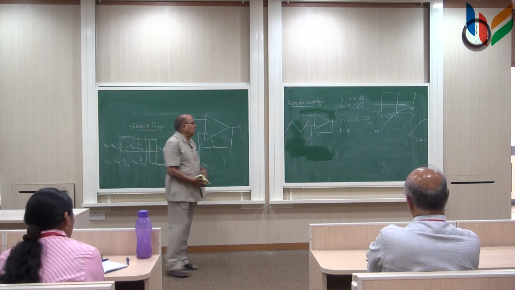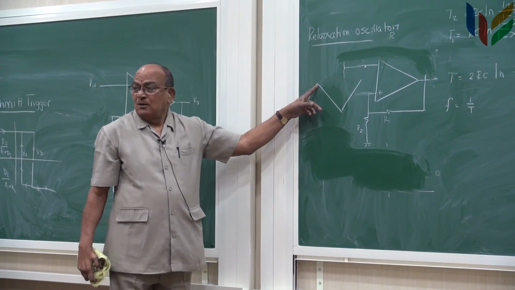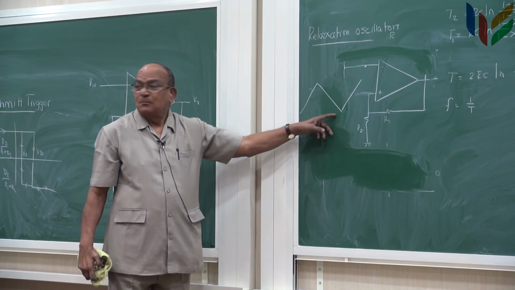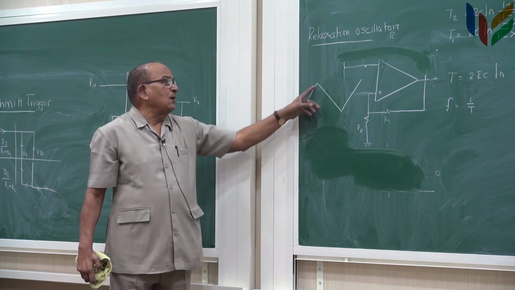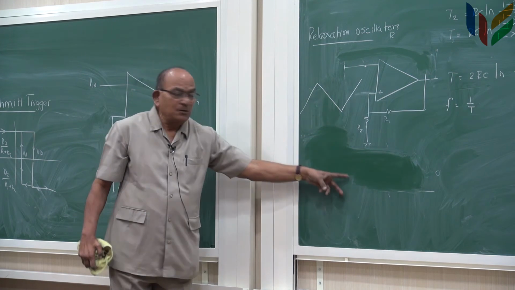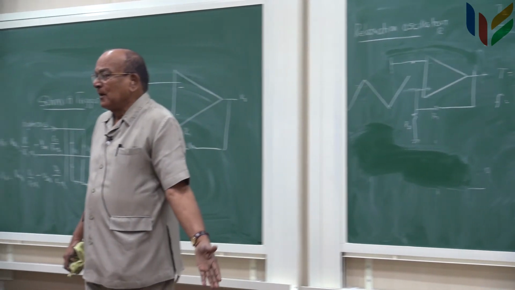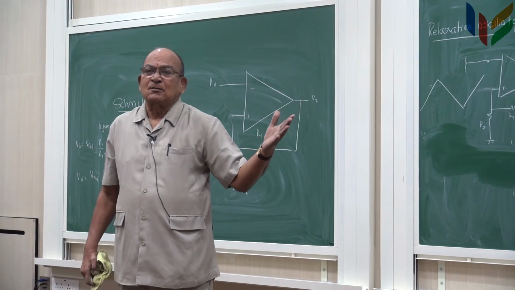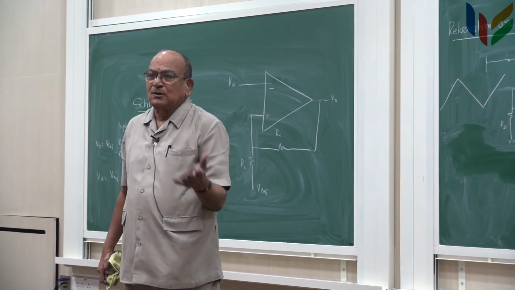At appropriate values, when this reaches V, it will trigger, when it reaches minus V, it will trigger. So as long as the amplitude of this corresponds to this V here, the same triggering action will take place. In the previous case, the triggering action was due to a waveform which is exponentially growing, but the exponential growth is irrelevant to us.